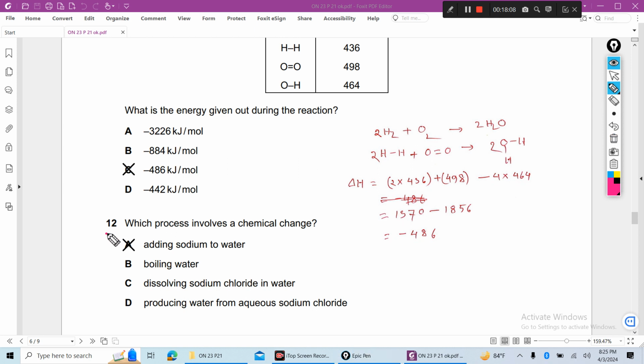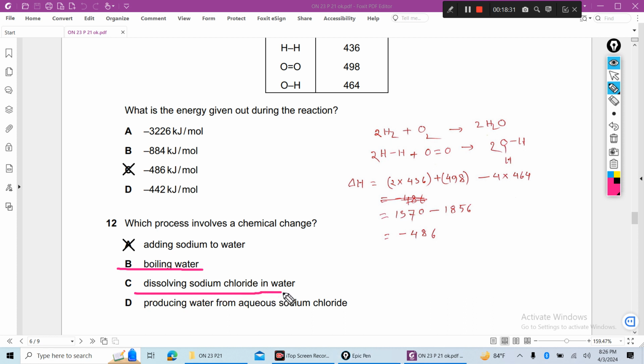Next, which process involves a chemical change? Answer is A, adding sodium to water. If you add sodium to water, sodium hydroxide plus hydrogen is produced. So this is a chemical reaction, a chemical change. But boiling water is a physical change.